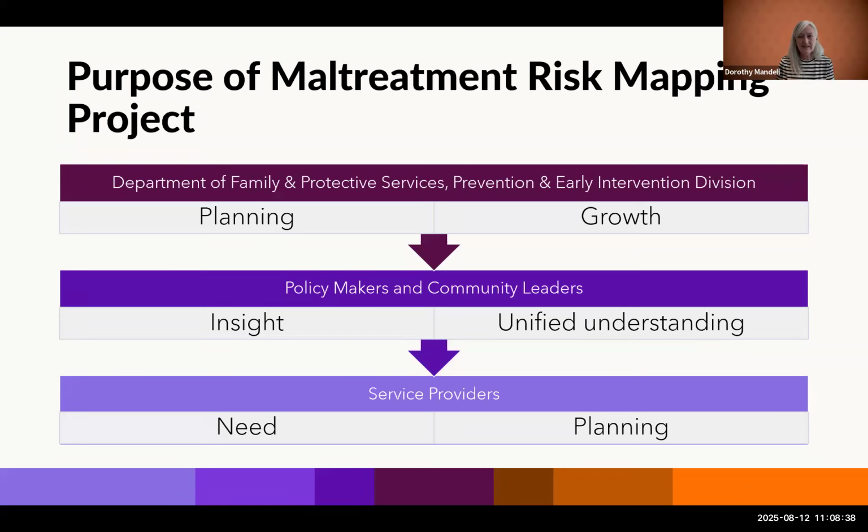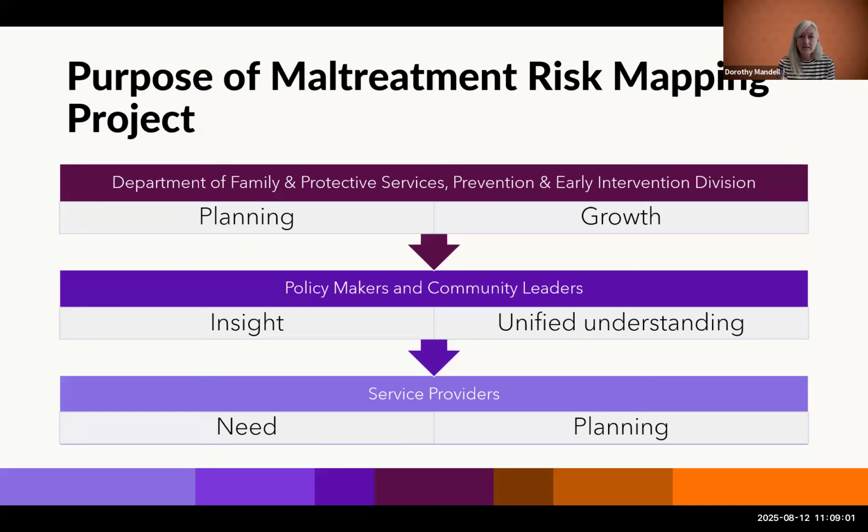But we also wanted to make something available to y'all. Not just the individual service providers, but also policymakers within each of the communities, community leaders. For example, we did work with some county commissioners around how to use these risk maps for policy making.